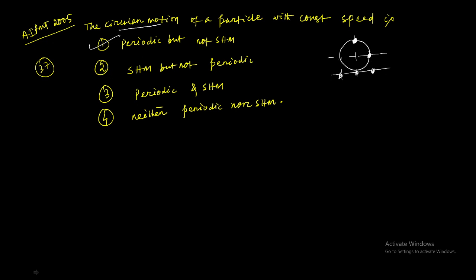The projection is actually SHM, but that motion itself is not SHM. That will be periodic but not SHM. Clear? We can project uniform circular motion on a straight line, and this projection is going to be SHM, right?